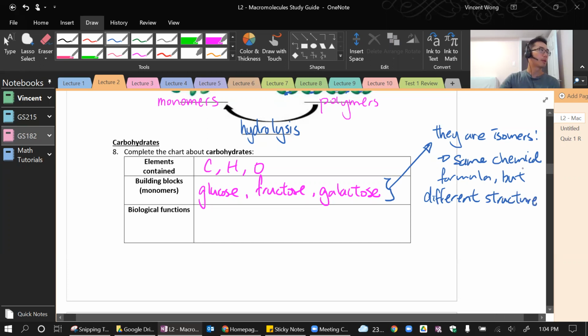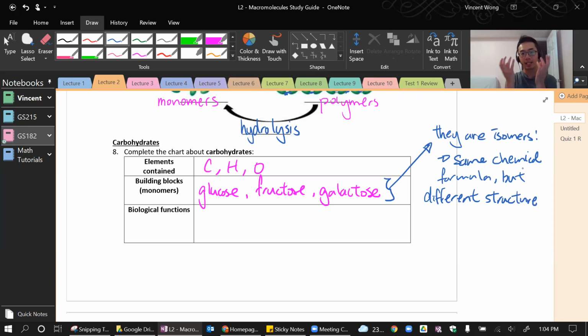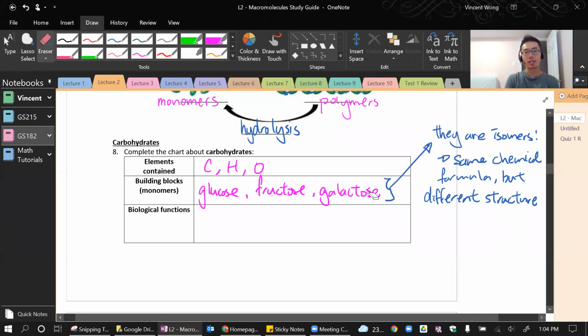Think about buying a box of Lego. You build a car, and now you take it apart, and then you build a boat. The boat and the car are made up of the exact same Lego pieces, but they have different structure. So all these will have 6 carbon, 6 oxygen, and 12 hydrogen, but how you arrange them is going to be different. We call these isomers.